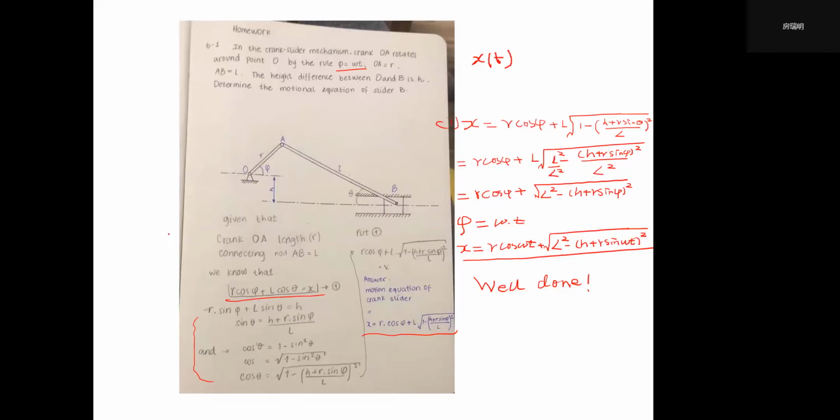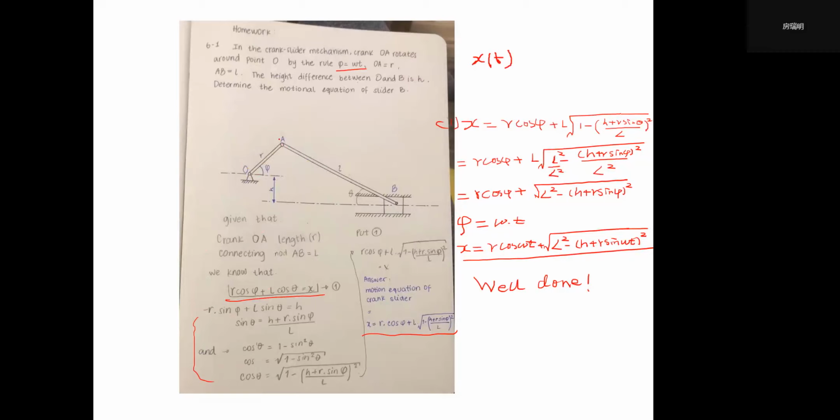So you can see, he tells us, given that crank OA with length R connects a rod, rod AB with length L, right? So you guys can find at this position, actually, because OA can rotate around point O, it can be in different positions.